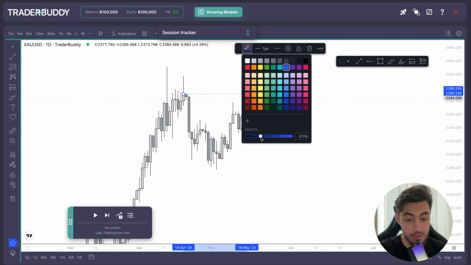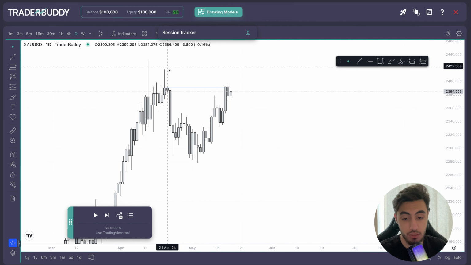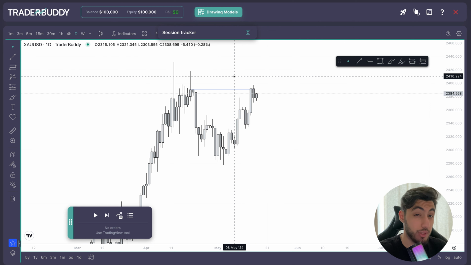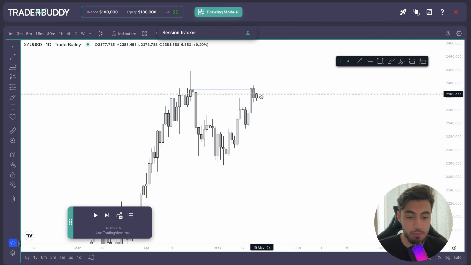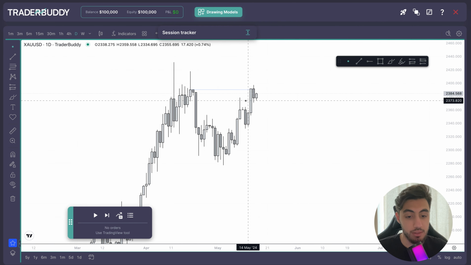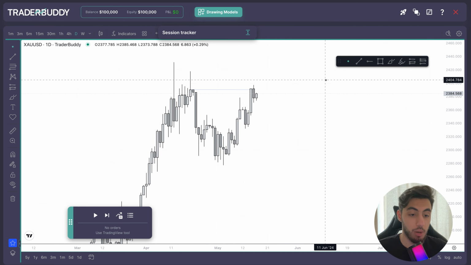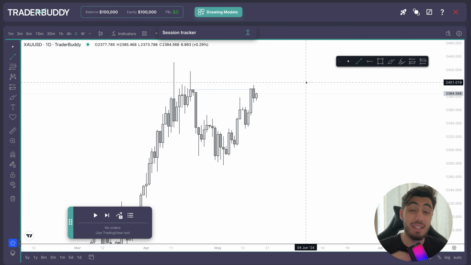So for sure, we know the market structure is bullish right now. We know every POI, every key level above the open area, once the market structure is bullish, is going to be an obstacle. That means price is just going to give us a reaction, then start to go up. And we know every key level below the open area of the candle is going to be a POI for us, and we can expect a reaction on it.